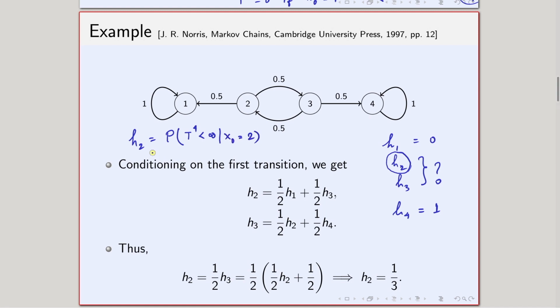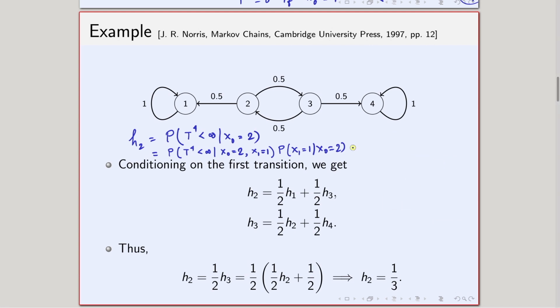Using conditional probability, I can write it as probability that T4 is less than infinity given x0 equals 2, x1 equals 1, multiplied by probability that x1 equals 1 given x0 equals 2, plus probability that T4 is less than infinity given x0 equals 2, x1 equals 3, multiplied by probability that x1 equals 3 given x0 equals 2.